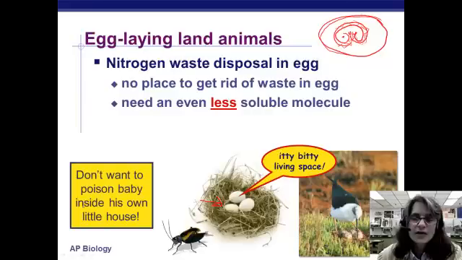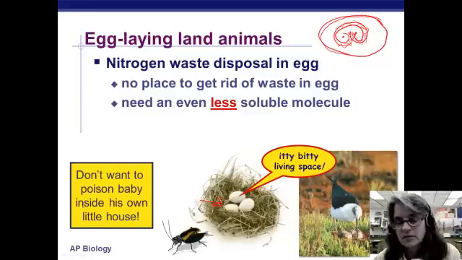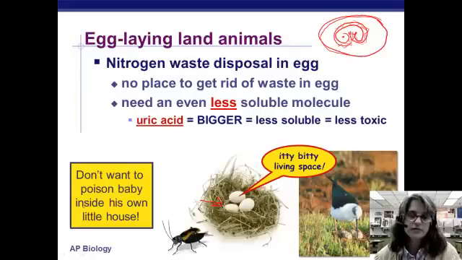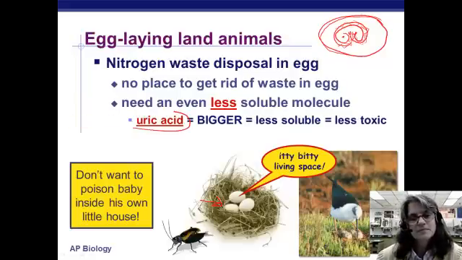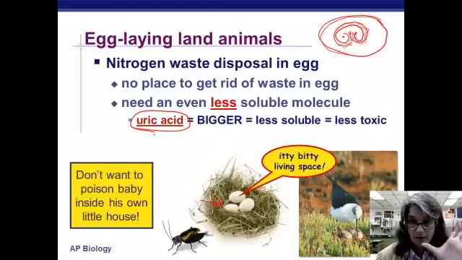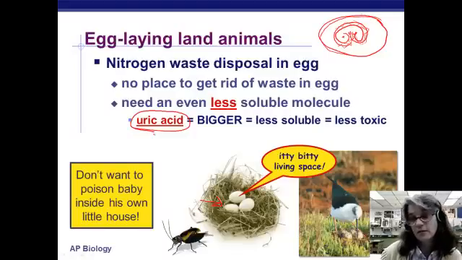And so we need a molecule in here that is even less soluble than that urea that we created from the ammonia. Uric acid is made by animals that lay shelled eggs. It is an even larger molecule than urea, and thus it is less dissolvable in water.